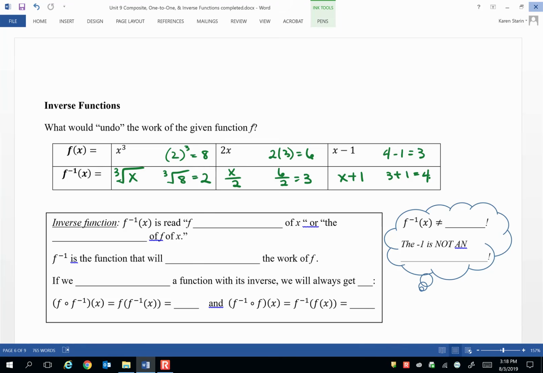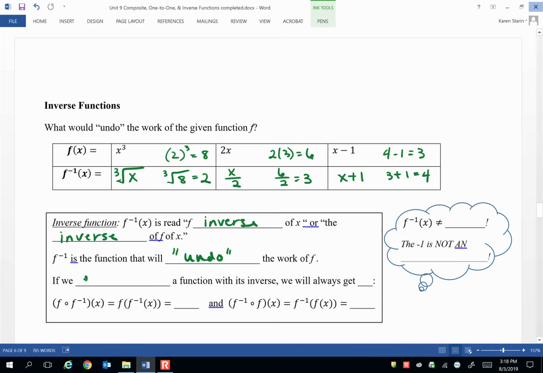Inverse functions: f to the superscript minus 1 of x is read f inverse of x, or the inverse of f of x. So f inverse is the function that will undo the work of f.